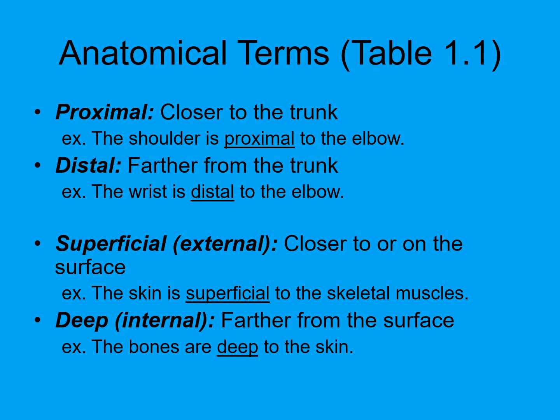Only use it on the arms or the legs. So the elbow is proximal to the wrist, meaning that the elbow is closer to the trunk, closer to the shoulder than what the wrist would be.